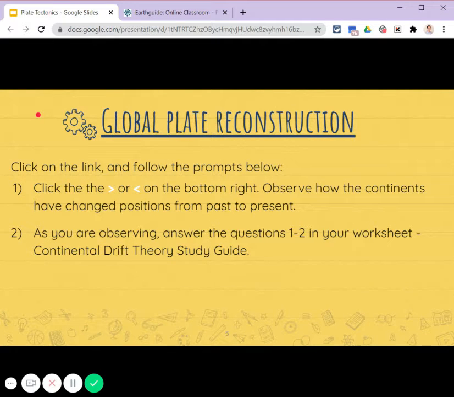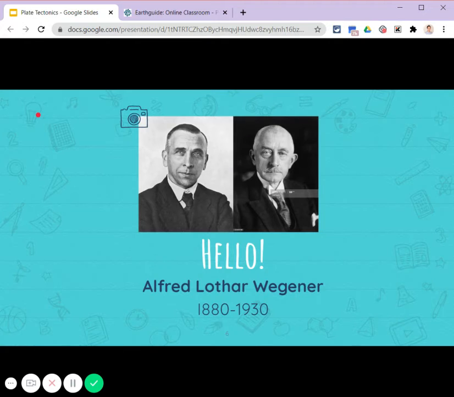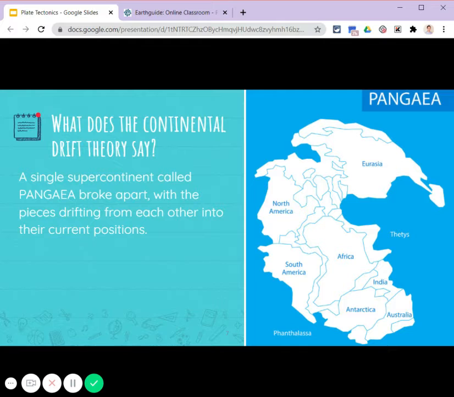And the person who proposed this theory that the continents drifted apart from each other is none other than Alfred Lothar Wegener. He is German, an explorer and a scientist, and he traveled all over the world collecting data to support his theory, now known as the continental drift theory.